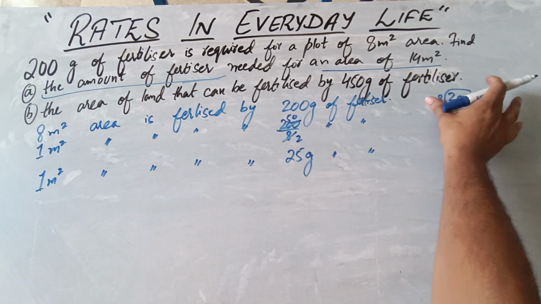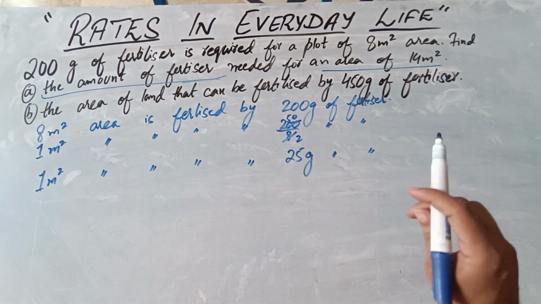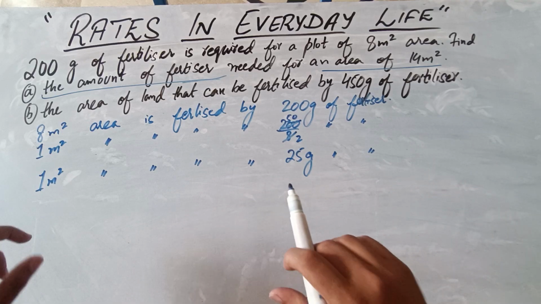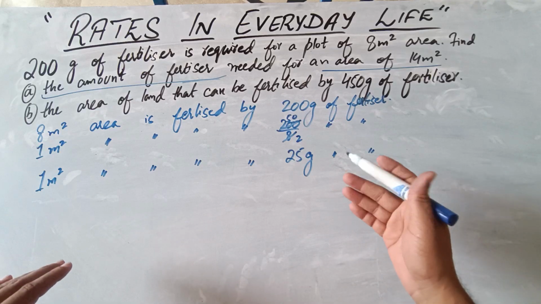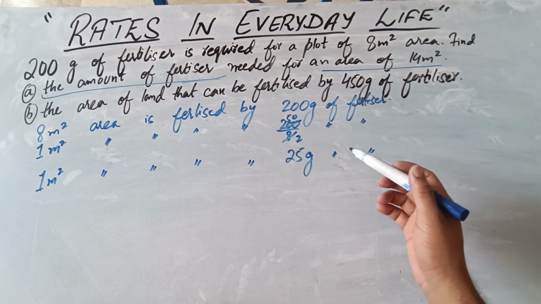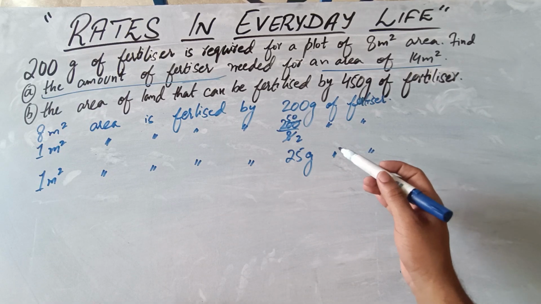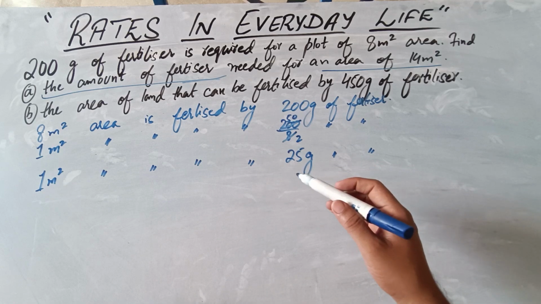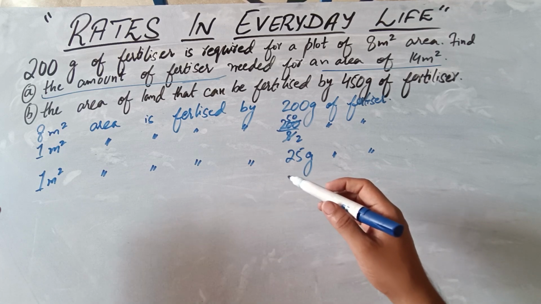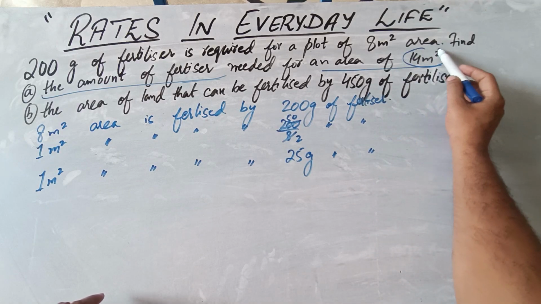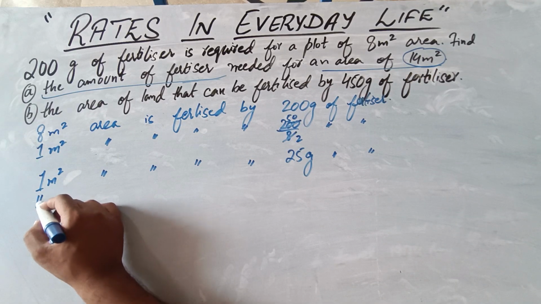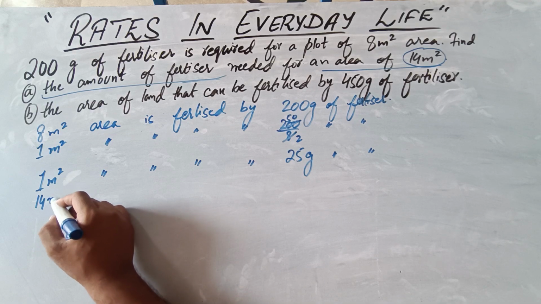Now when we have the answer for 1 meter square, the unknown quantity is on the right hand side and the known quantity is on our left hand side. So now 14 meter square is given, so now both the known quantities are on our left hand side.